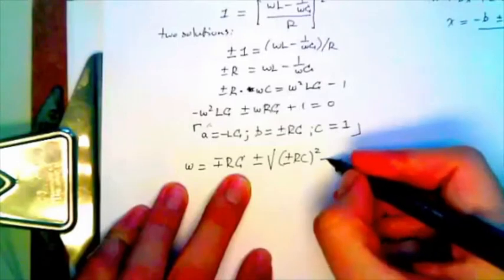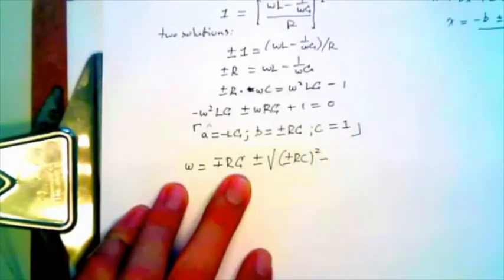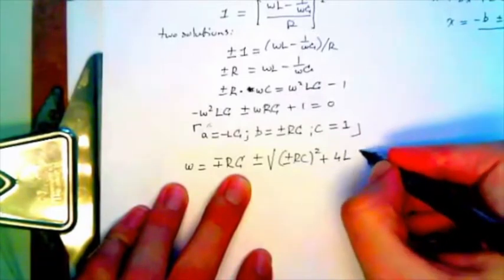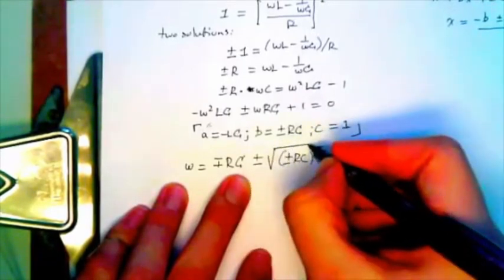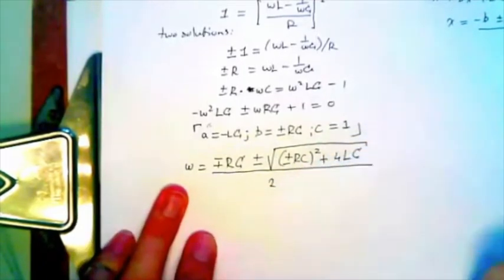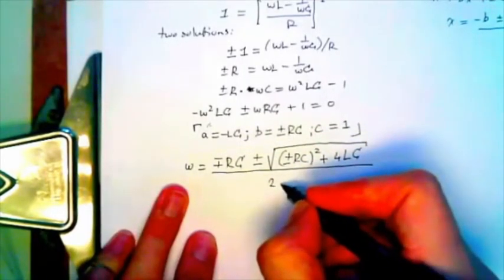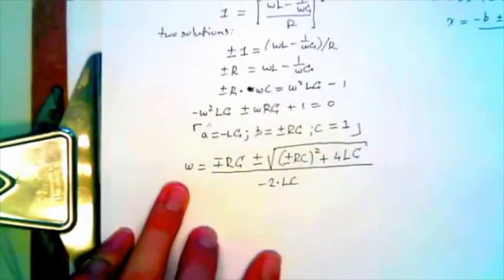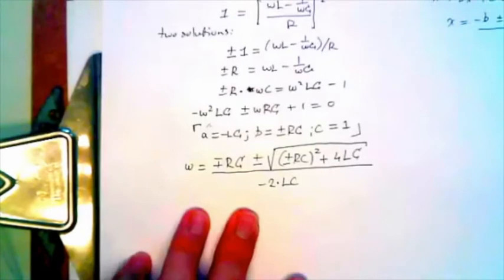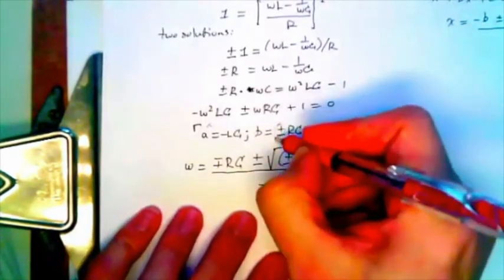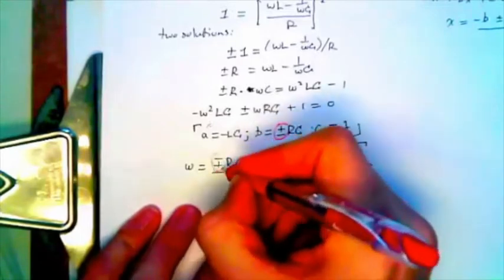Now, minus 4 times 1 times minus LC, so I get plus 4 LC. Divided by 2a, and 2a is minus 2 LC, with the minus. So this one went there.